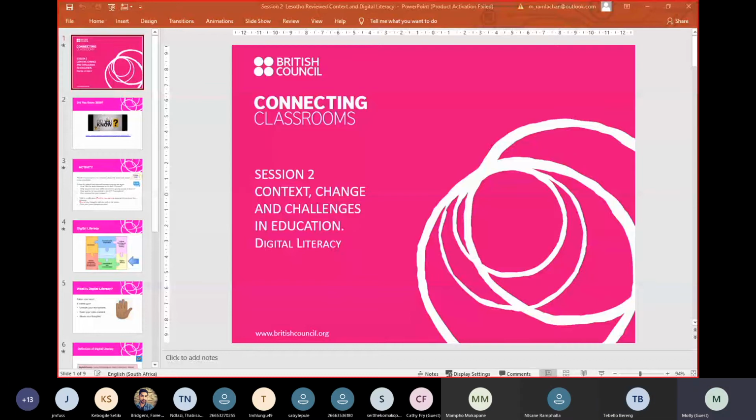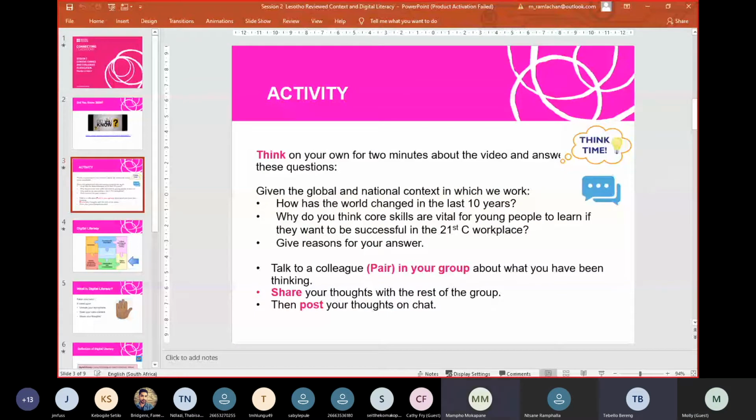So what surprised you? Come again? What was it that surprised you? The scale in which the technology has developed, like the things they said, the things that we are teaching the students in school, probably when they go out of school, they won't be needing those skills that we have given them.